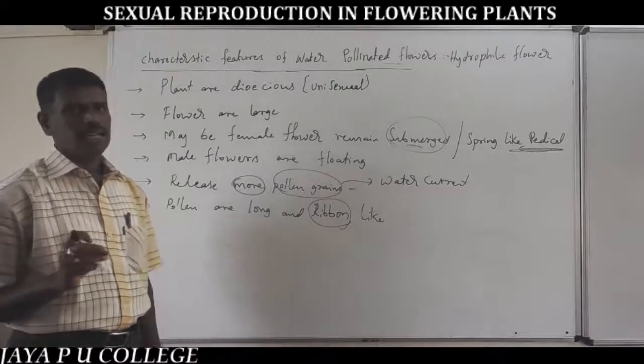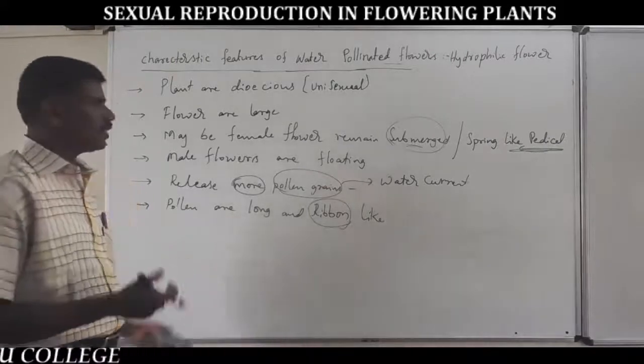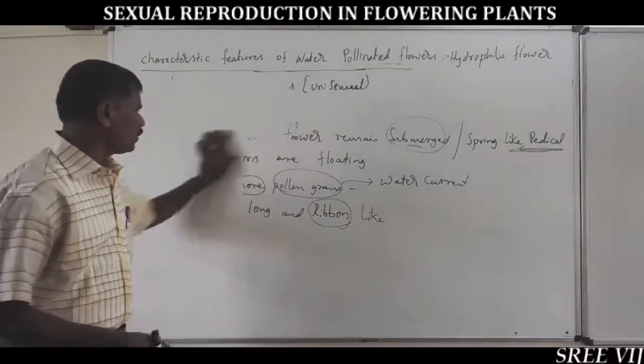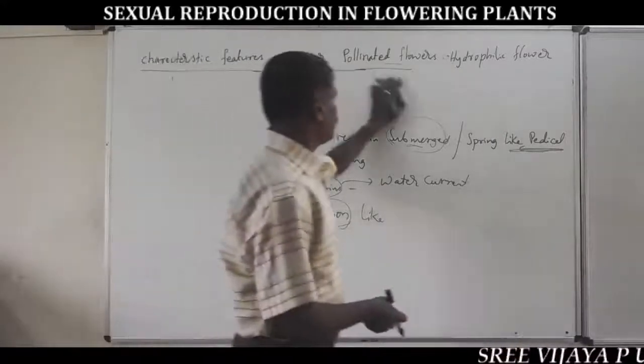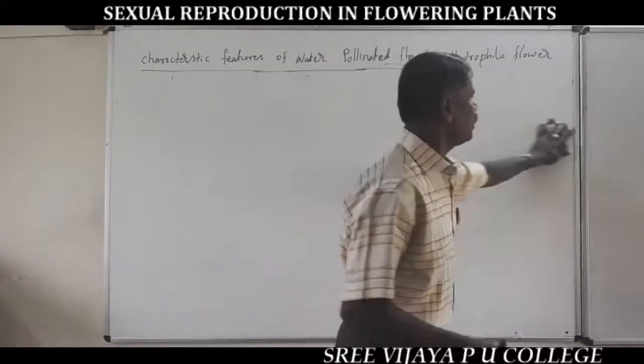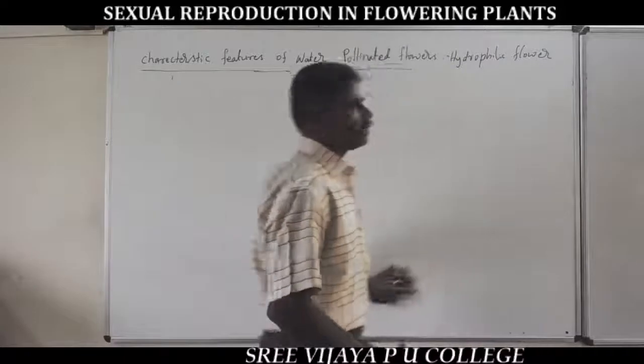So these are the characteristic features of wind pollinated flowers and water pollinated, hydrophilic flowers.